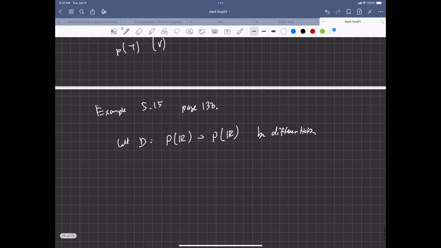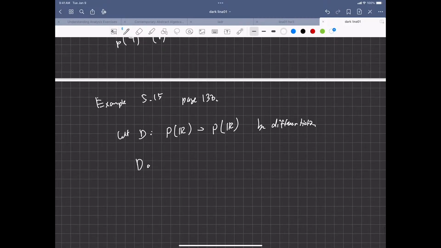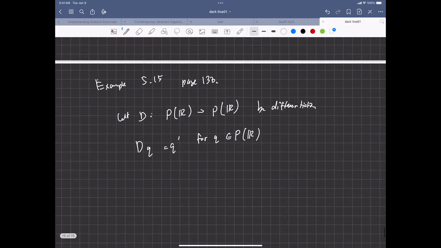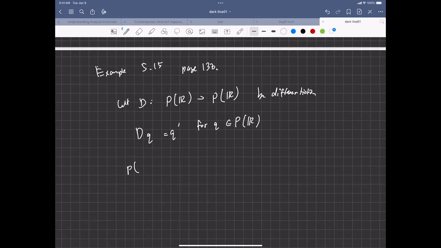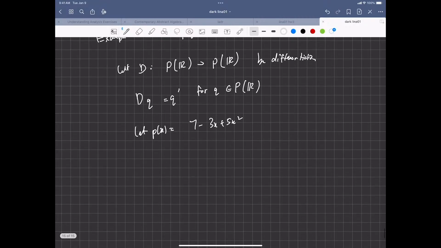What does this mean? It means that for a polynomial, we define the differentiation. So consider this polynomial here.